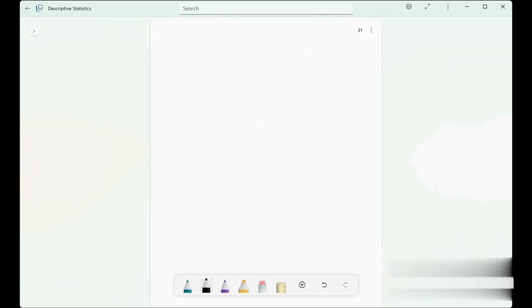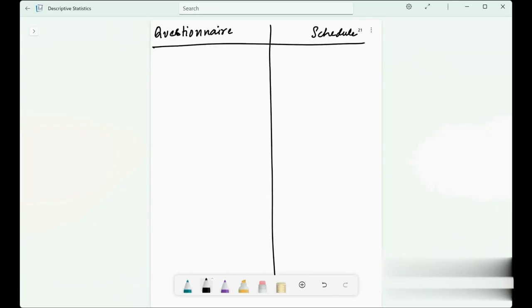So the difference is, first, let's make two columns: questionnaire and schedule. See, first is the definition, of course. A questionnaire is a list of certain systematically arranged questions relating to the subject of inquiry. Okay, a list of questions.